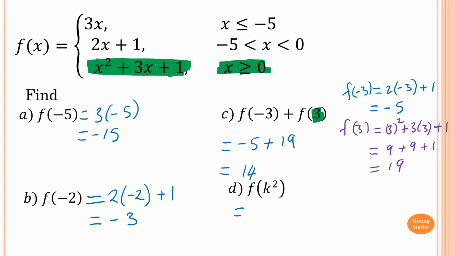So therefore, x replaced with k squared, which is equal to k squared all squared plus 3 lots of k squared plus 1. So which is 2 times 2 is 4. So k power 4 plus 3k squared plus 1.